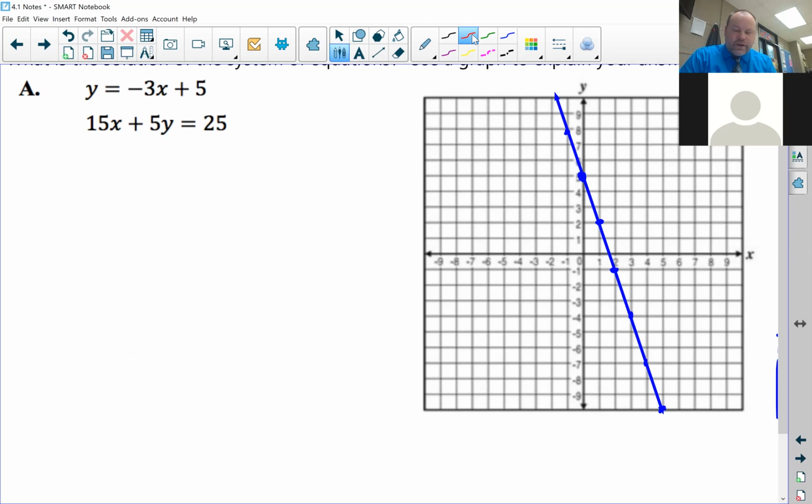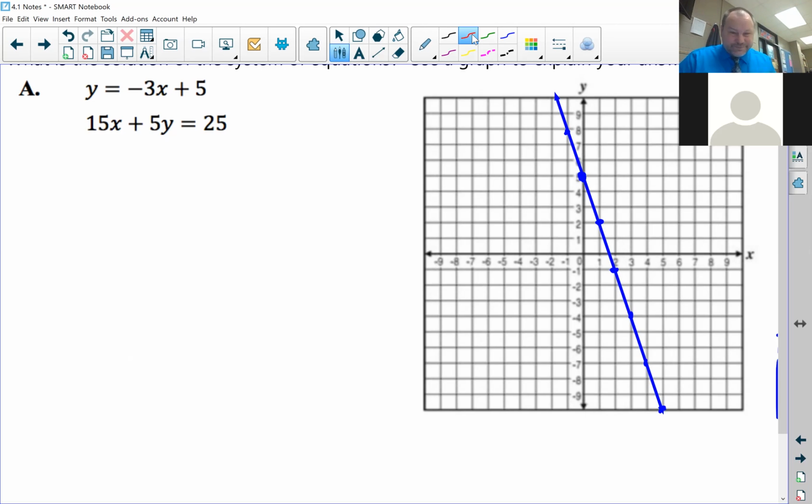For my second equation, I have a couple of choices. What I could do, because it's not in slope-intercept form, is pick a value for x and find out the value for y, and then pick a value for y and find the corresponding value for x. Normally, when we do that, we like to use intercepts: plug 0 in for x, figure out what y is, plug 0 in for y, figure out what x is.